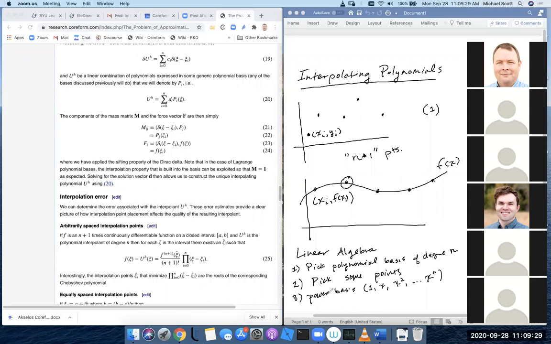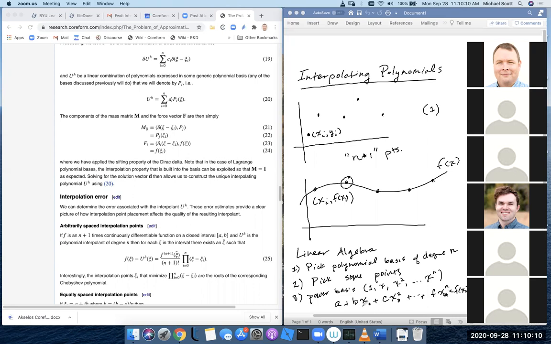We want to find a polynomial in the space spanned by the monomials, so we want some a plus b x naught plus c x naught squared plus, and so on, such that it equals f at x naught.